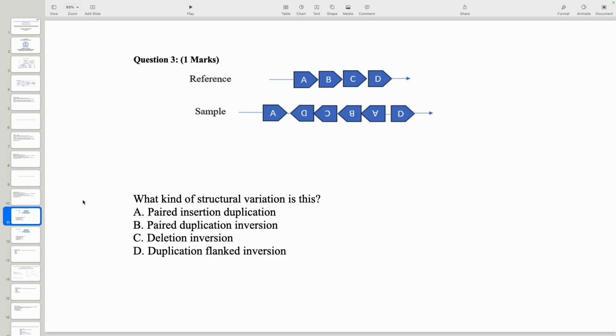So there is a combination of two SVs we can see.